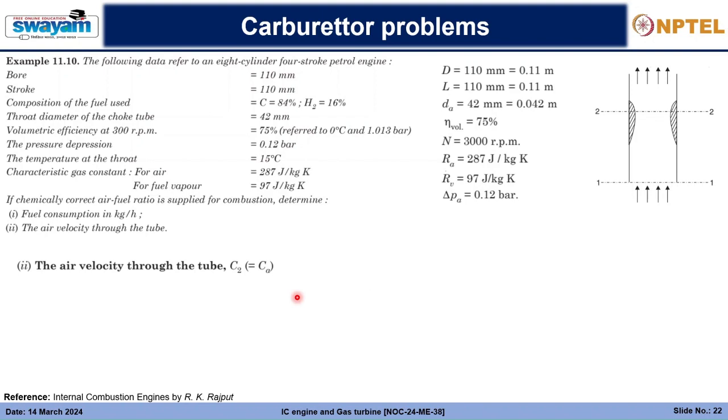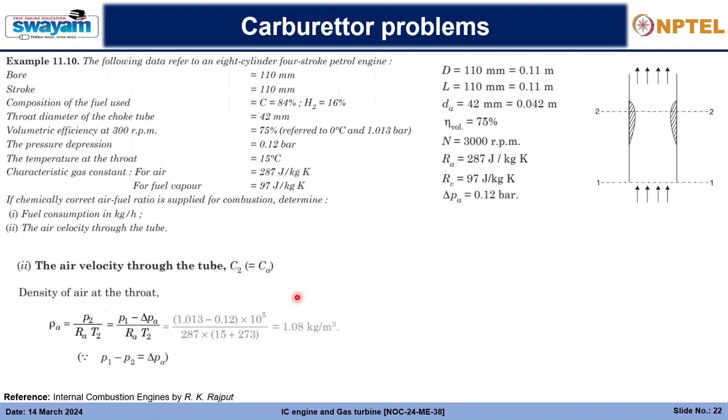And for the air velocity through the tube, C2, we'll calculate first the density of air at the throat, rho A equals P2 by Ra into T2. P2 is the pressure at the throat, and P2 is given as P1 minus delta Pa.